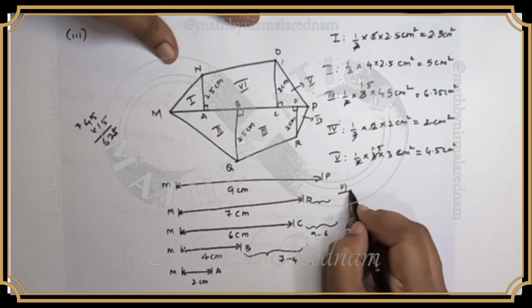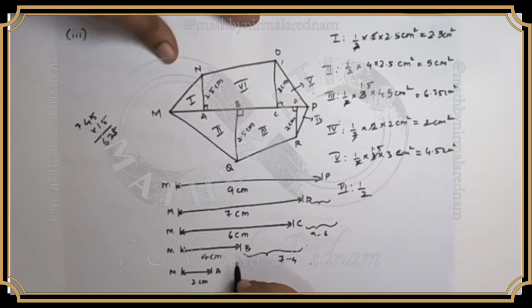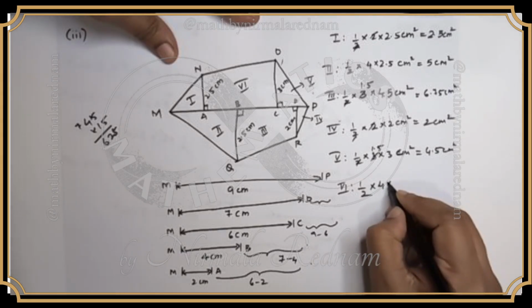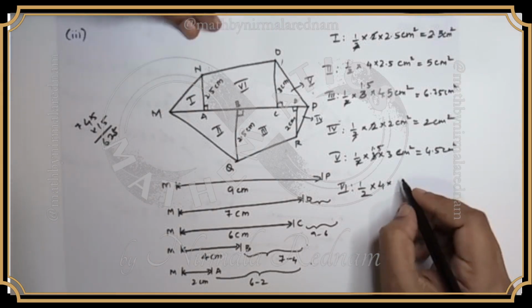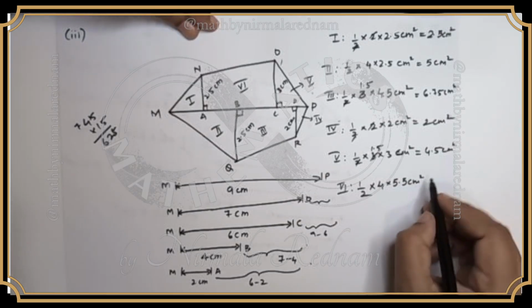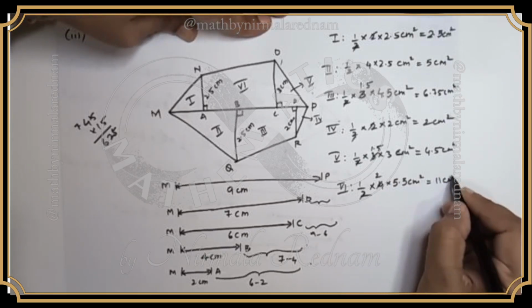Right, and then I have the last part, which is a trapezium. Now height is AC. AC is from here to here, which is 6 minus 2, which is nothing but 4. And then I have a plus b, which is 5.5. Alright, so this is nothing but 11 square centimeters.